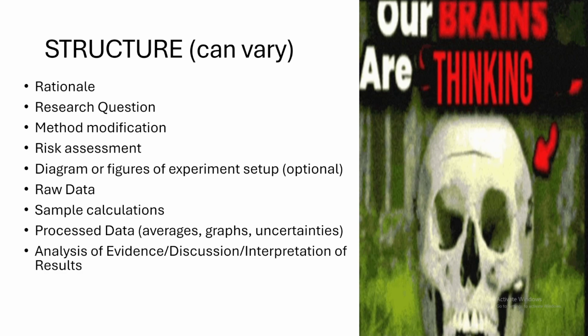Then this is the meaty bit. So your analysis or your discussion or your interpretation of results, essentially where you're just saying what the experiment showed, and all the trends, all the relationships, all the patterns, all that stuff that really gets into the nitty gritty of what your experiment's data means. Then your limitations and extensions and your conclusion.